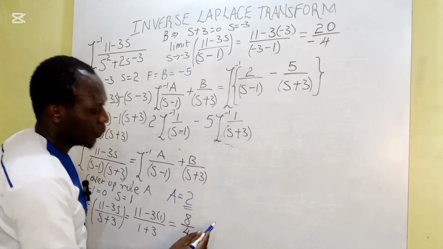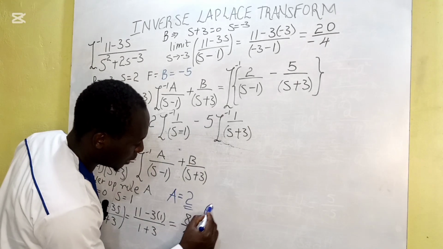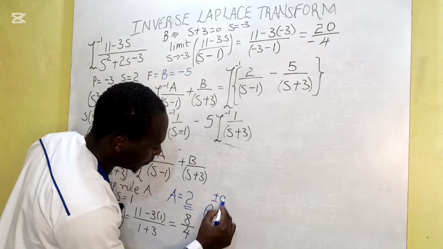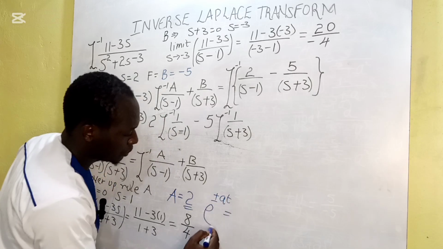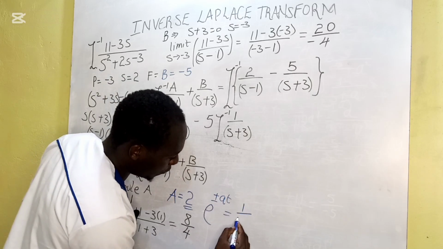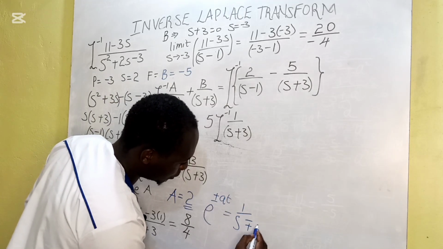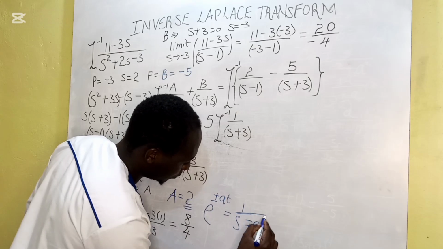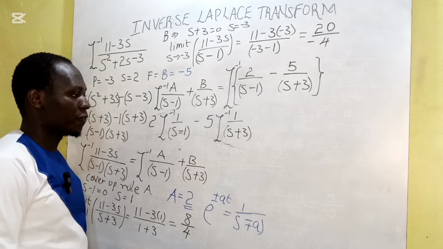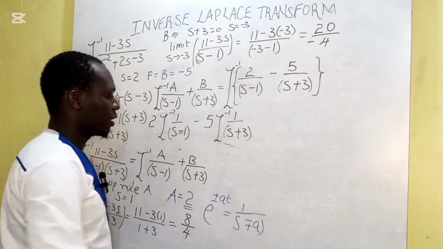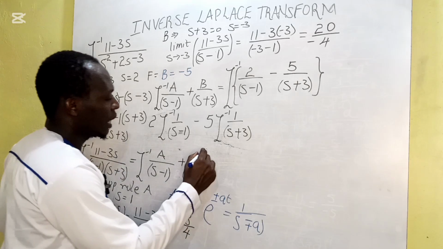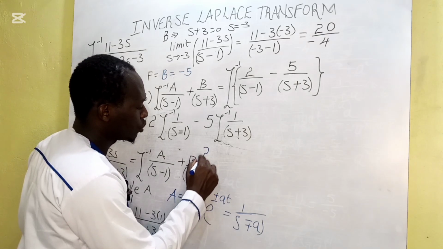From this point now, we agree that exponential positive or negative at is equal to 1 all over s, negative or positive of a. This one was from the first principle. We derived this to mean that now we are going to have our answer as 2.